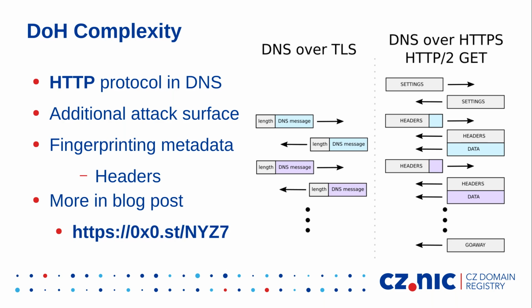Inside DNS over TLS, there is no extra metadata, nothing. It's just the 2-byte length. And inside DNS over HTTPS, let's assume we use HTTP2 with the GET method and not any of the others, there's a lot of extra chatter and complexity going on.